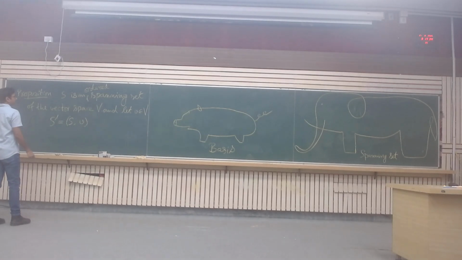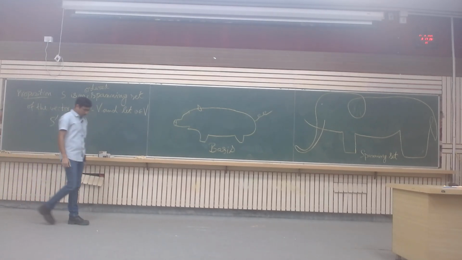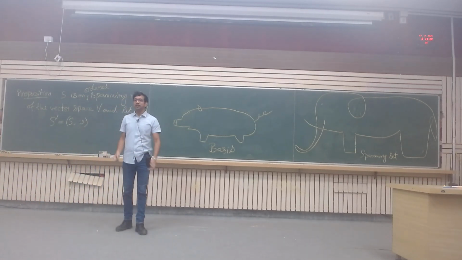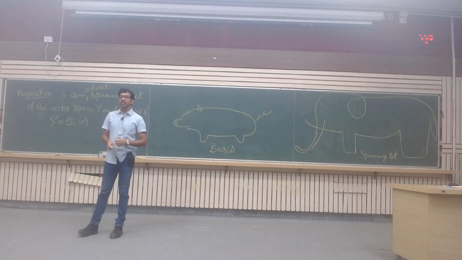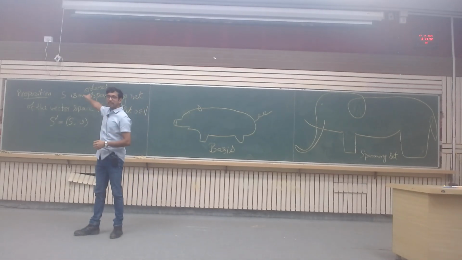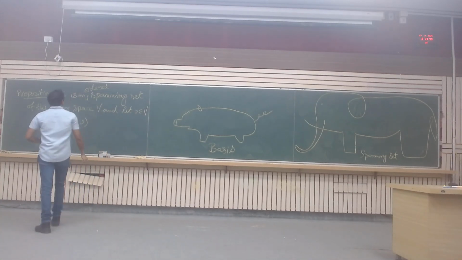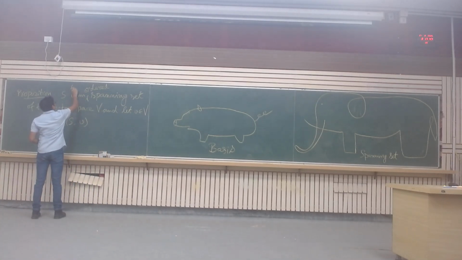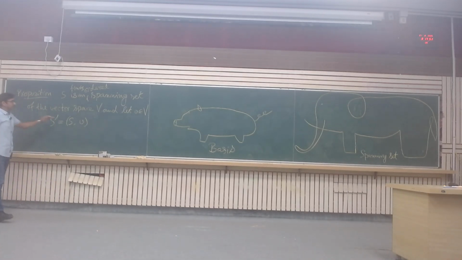Since we said that we'll be considering only finitely generated vector spaces henceforth, you may also assume that S is finite. So S is a finite ordered spanning set of the vector space V, okay? And S dash is defined to be this.